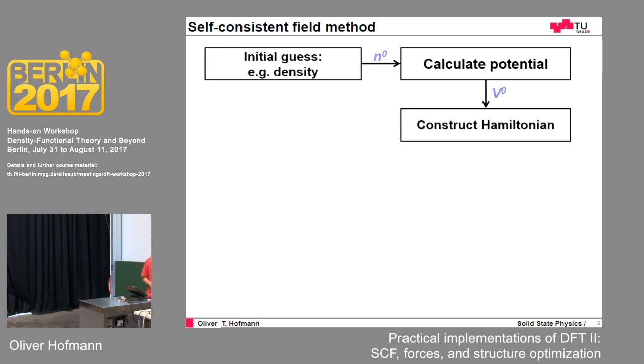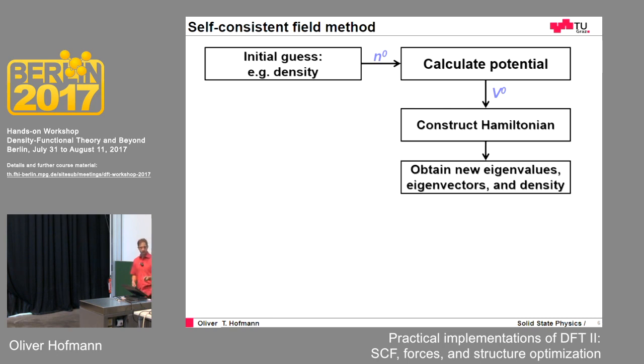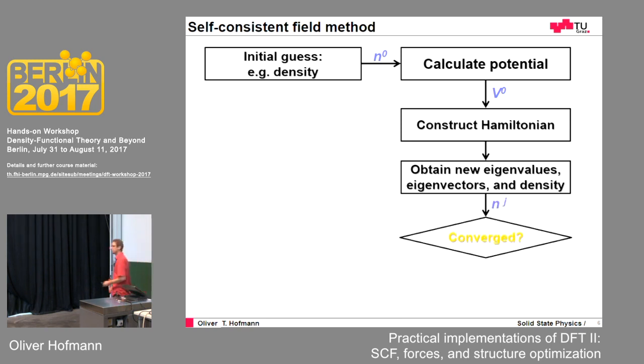With the potential, you can construct the full Hamiltonian, solve the Schrödinger equation, or invoke the approximations that you want to invoke, and obtain eigenvalues and eigenvectors. The eigenvectors are your orbitals, and a new density. After that, the question is, are you converged or not? And what that means, I will discuss on the next slide.